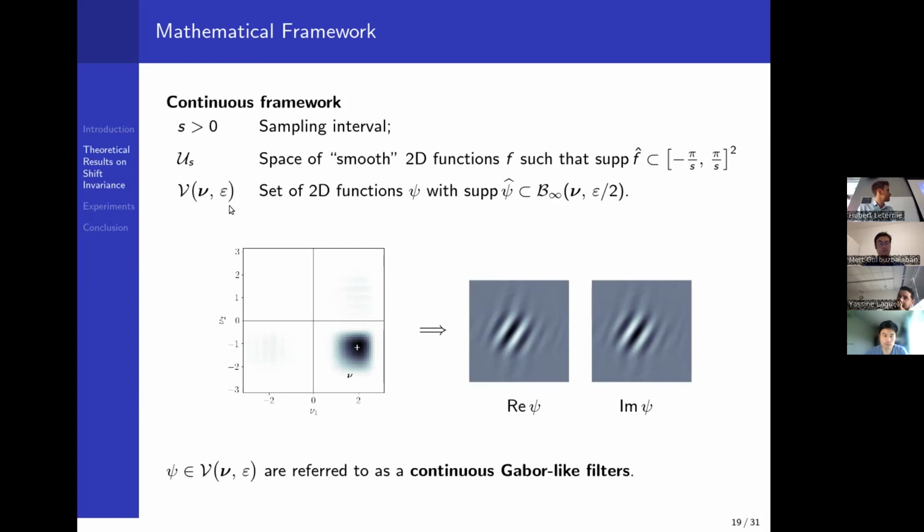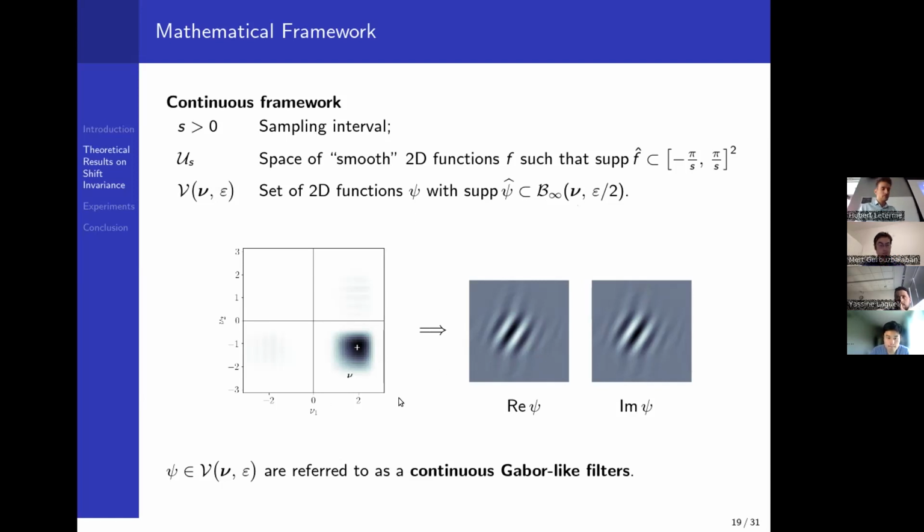Similarly to the discrete framework, we denote by calligraphic V the set of 2D functions which are supported in a window of size epsilon centered in nu. As before, I will refer to these objects as continuous Gabor-like filters. It's not exactly Gabor filters, but it's closely related.